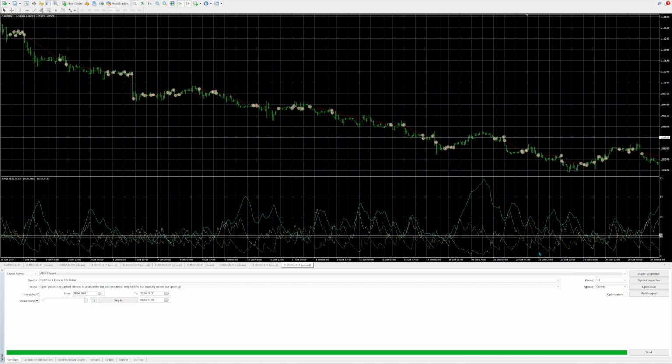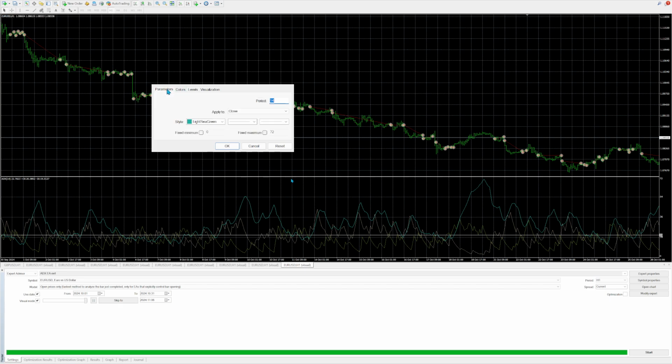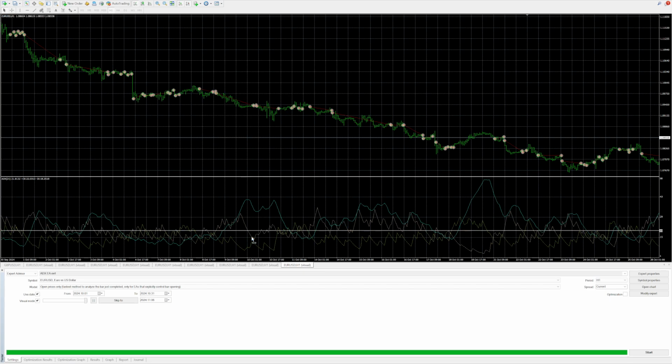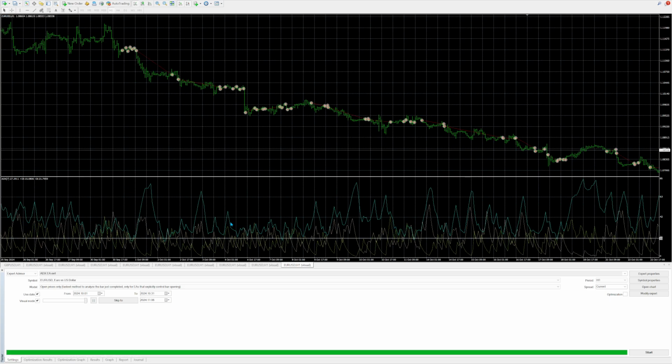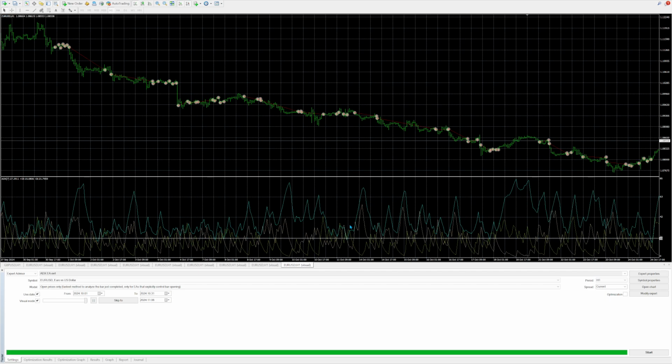So you can set that from the EA settings. The periods as well, just basically how sensitive the ADX is. By default it is 14, but if we choose to change it to say 21, it will be less sensitive. If we change it to 7, it will be more sensitive and quite messy.